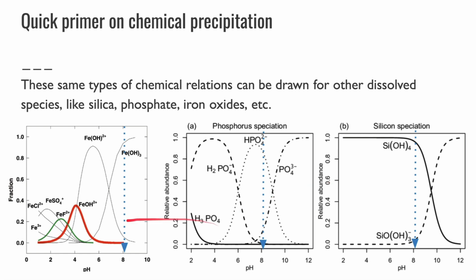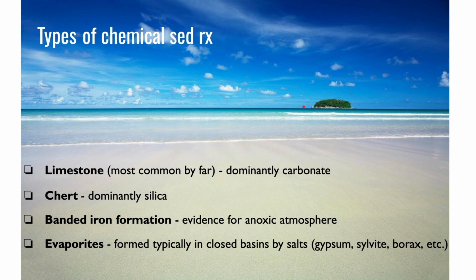So for example, we have iron speciation over here, we have phosphorus speciation, and silicon speciation. Okay, so those are the conditions under which different ions will dominate the system, which helps us understand what minerals are likely to form in different solutions.